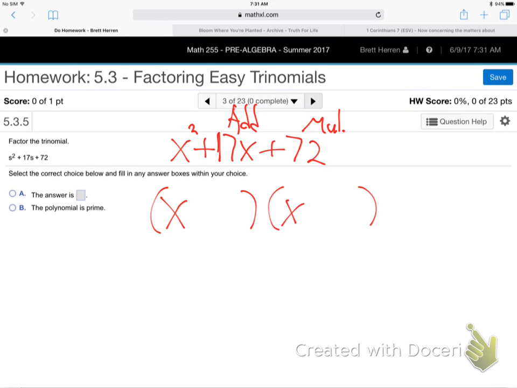Those are your numbers. Plus 9 plus 8, or you put the 8 first, then the 9. Those multiply to be 72. 9 times 8 is 72, and they add to be 17. We're done. You can check it. I'm not going to bother. It would work if you foiled it out. That good? Not too bad? See how we're doing that? Just thinking about FOIL backwards.